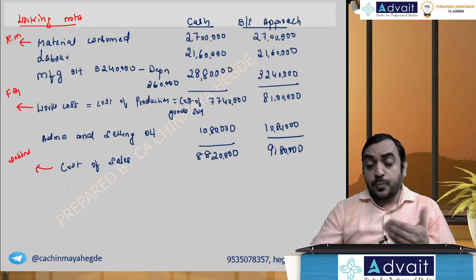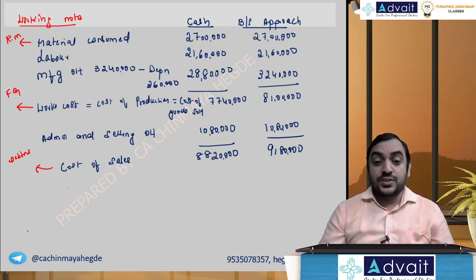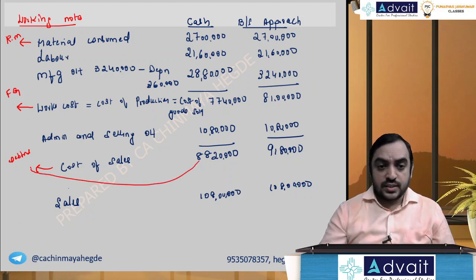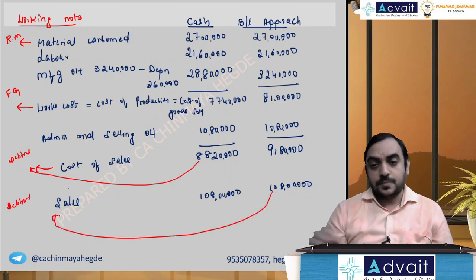For a balance sheet approach, we don't use that; we will use sales. Sales is how much? 108 lakh, I think. So debtors is what I would have used if it is balance sheet approach. For cash cost approach, I will be using this number. For total approach, balance sheet approach, I'll be using this number.